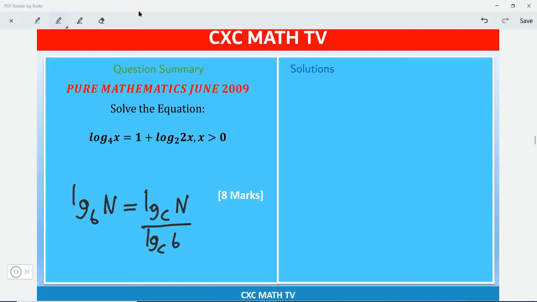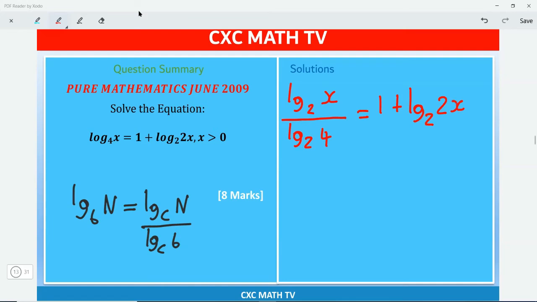So what we're saying then is this equation can simplify to log base 2. I'm going to change everything to base 2. So log base 2 of x over log base 2 of 4 is equal to 1 plus log base 2 of 2x. Cool.